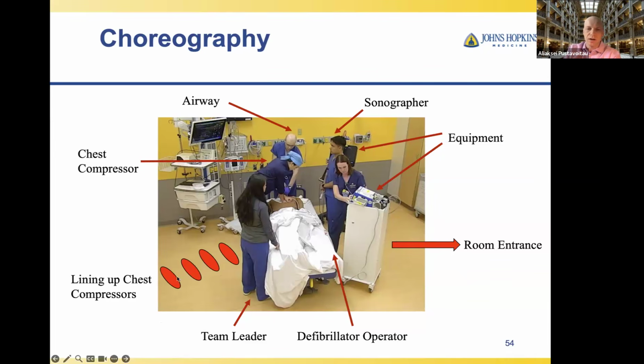So there will be a line of them, 2 or 3 waiting, when they switch during each cycle. Commonly, we place the team leader at the foot of the bed, and the defibrillator tower is also at the foot of the bed, with the ultrasound potentially towards the chest.